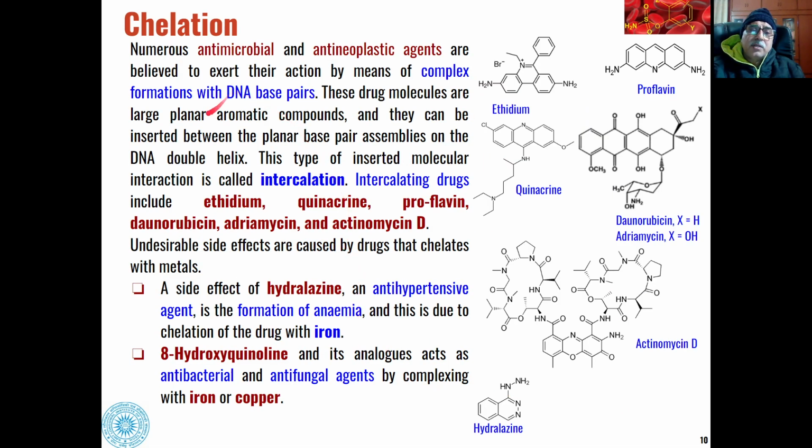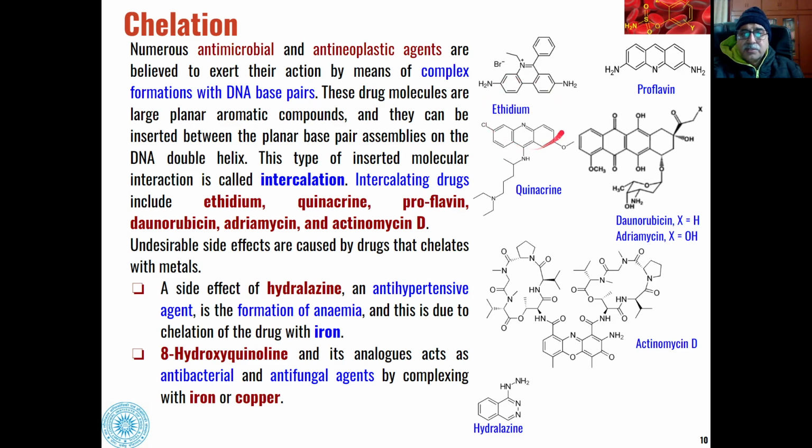Then similarly, many antimicrobial and antineoplastic agents are believed to exert their action by means of complex formation with the DNA base pairs.